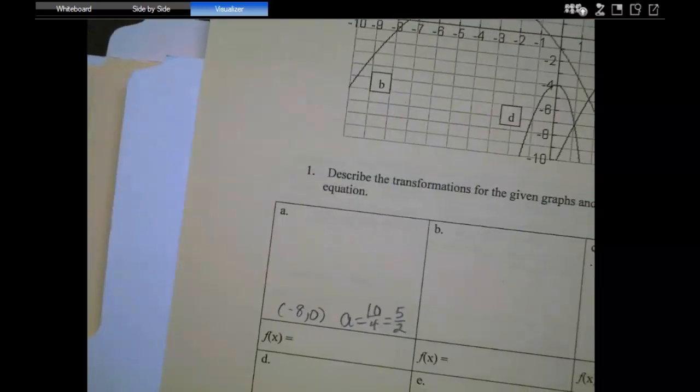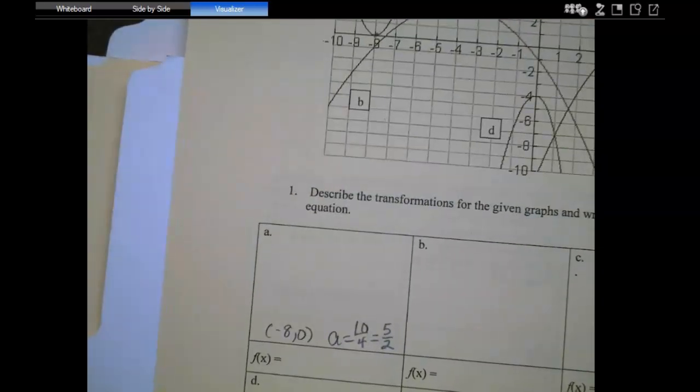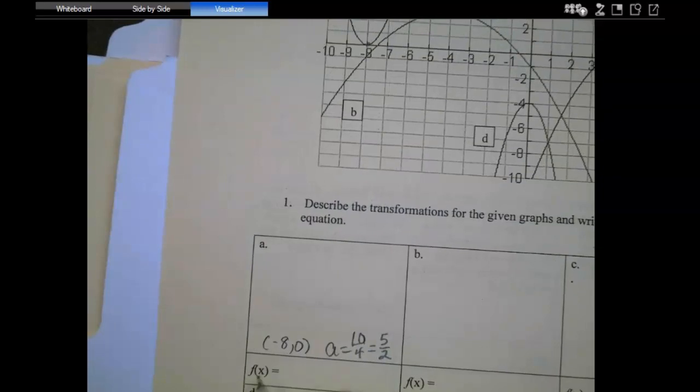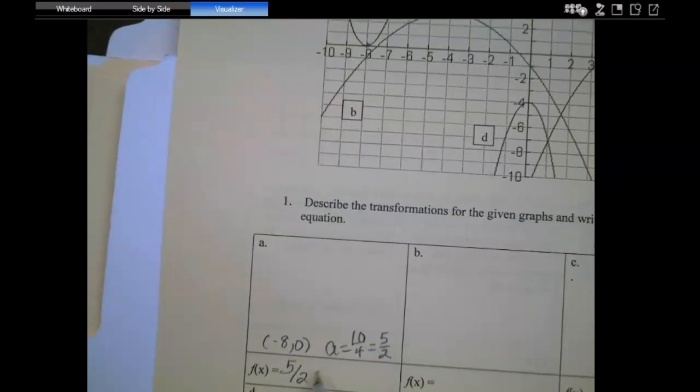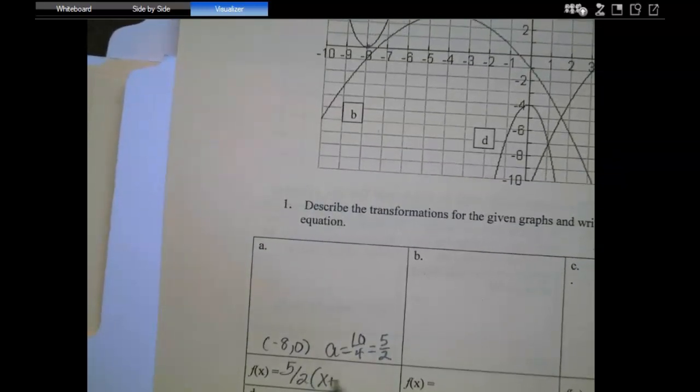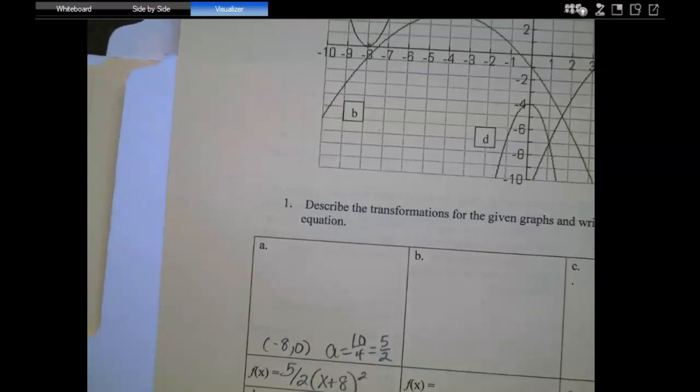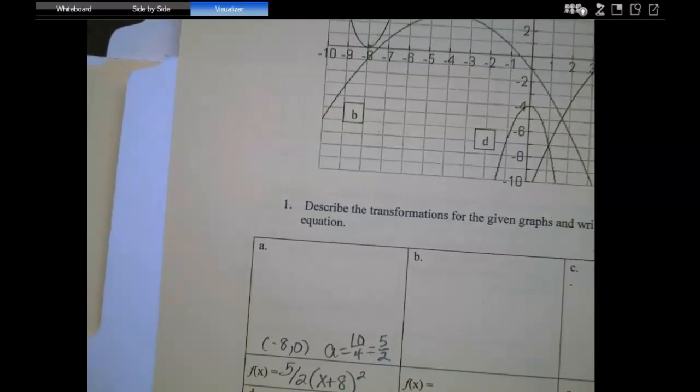So my A value is up how many? 10, and over how many? 2, and what do I do with that? So I have 10 over 4, which means my A value is 5 over 2. If we were going to write this, I'd do 5/2 times (x plus 8) squared, and then plus 0, but we don't need the plus 0.